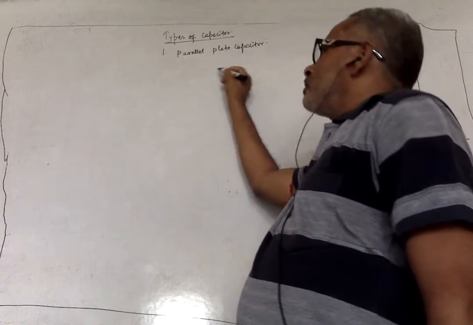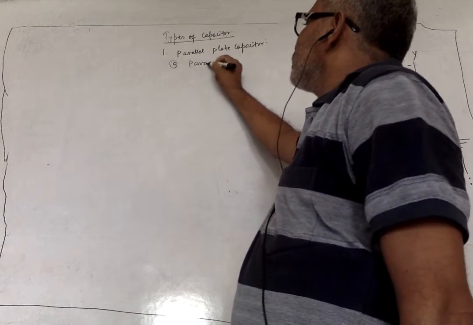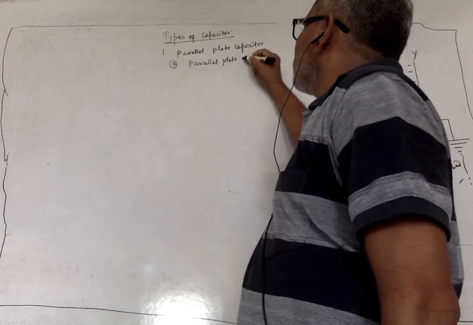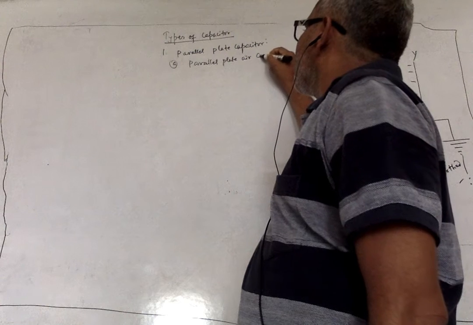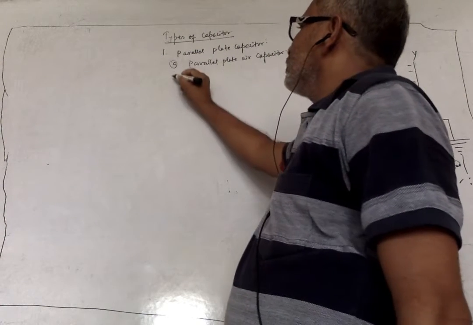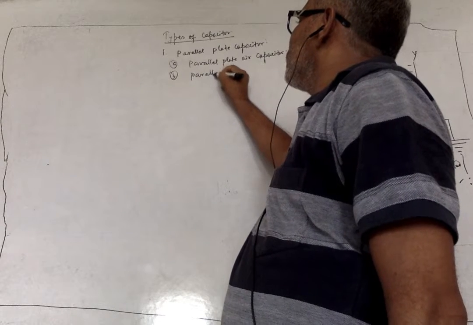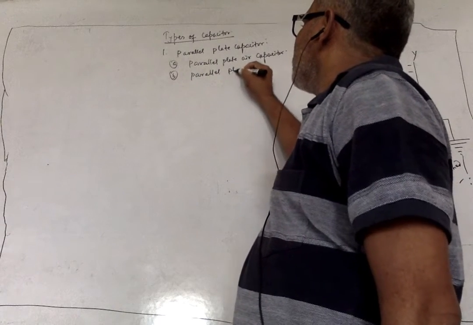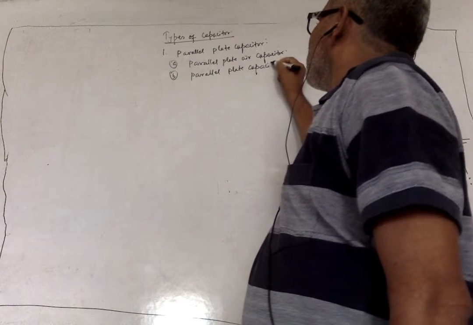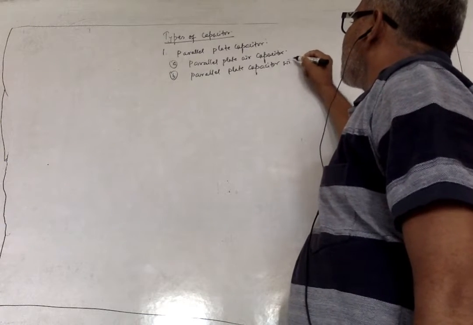It is of 2 types: parallel plate air capacitor, and parallel plate capacitor with compound dielectric.